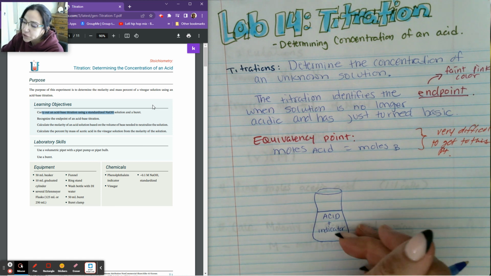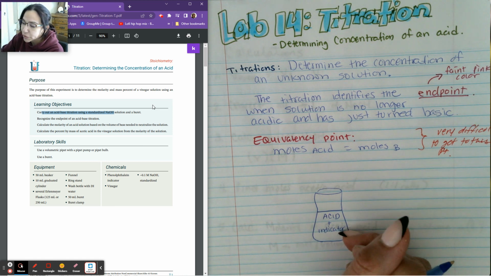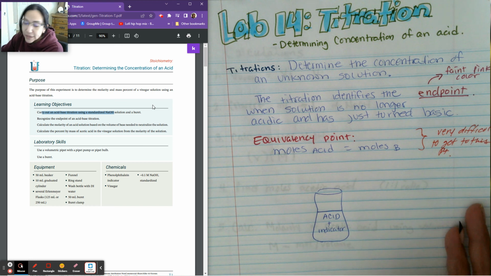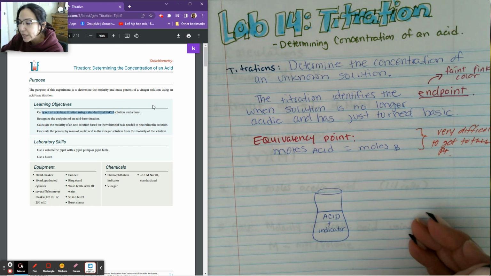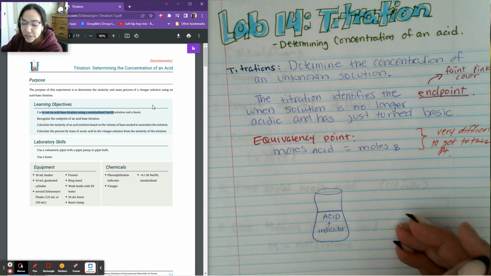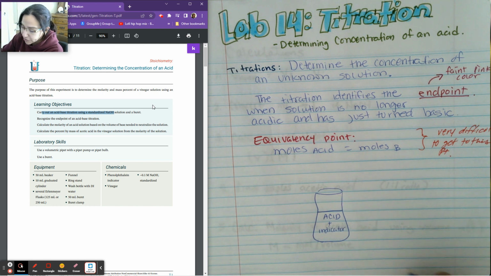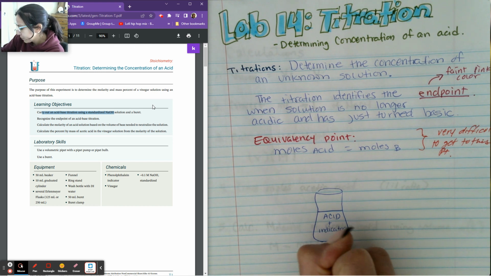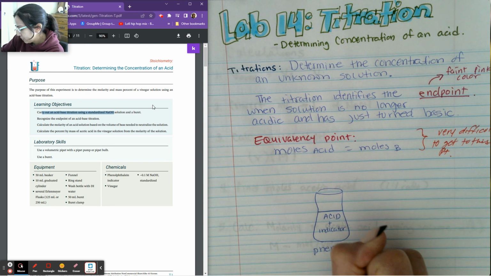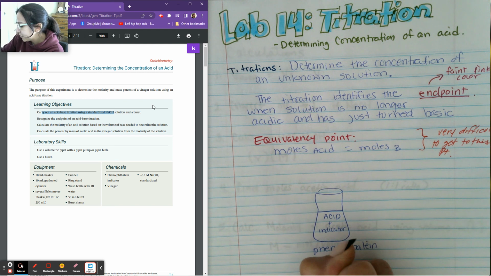Because we're trying to indicate the base change, we're going to use phenolphthalein, because phenolphthalein turns light pink when it starts turning basic. So we have acid plus indicator, and the indicator is phenolphthalein. It's going to be clear in the acid.